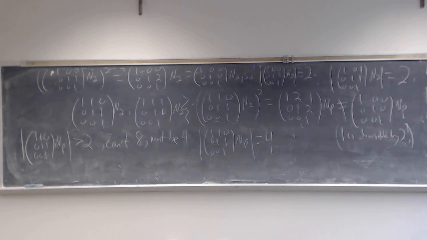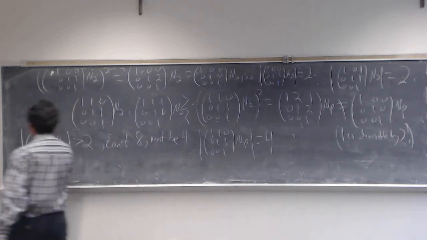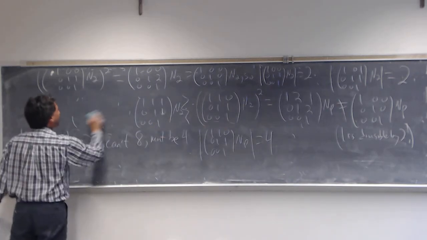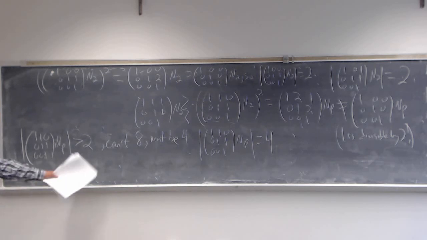Again, what I'm saying here is the possible element orders for the non-identity are either 2 or 4. And so if it ain't 2, it's got to be 4. So it's not true that every element besides the identity has order 2. At least one element has order 4.